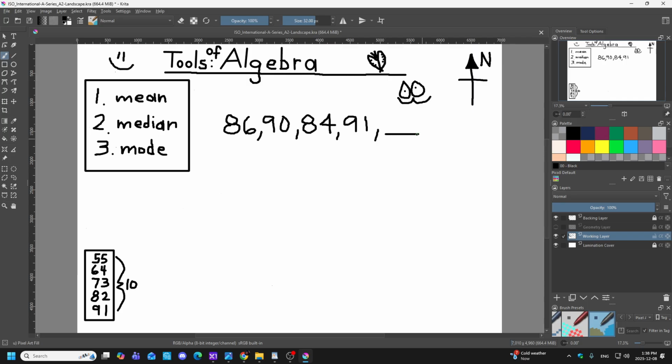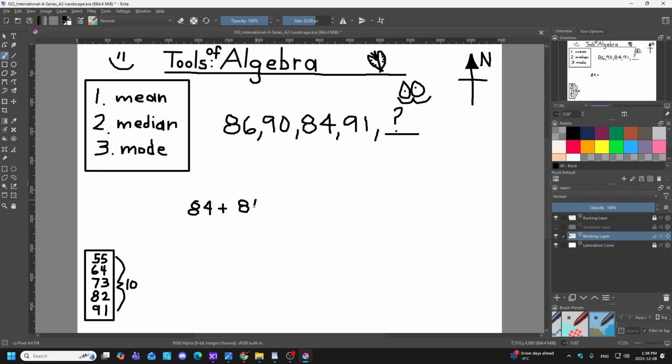The 5th one is kind of unknown, right? So obviously, if we're going to find the median or mean of this, let's do it in order, 84 plus 86.